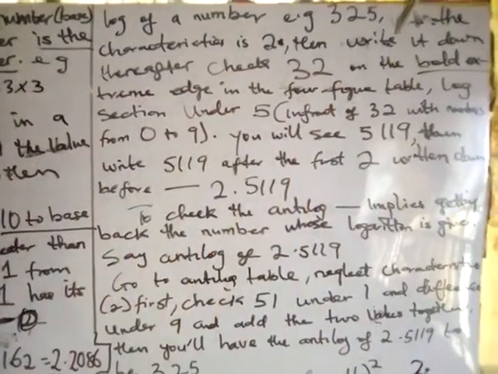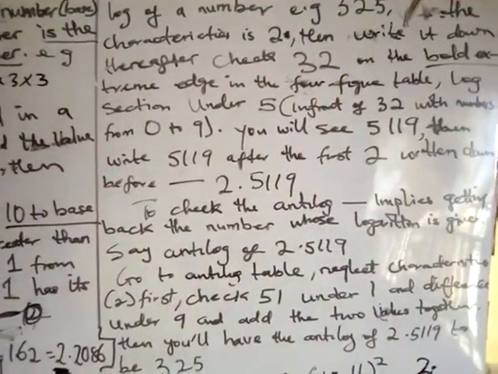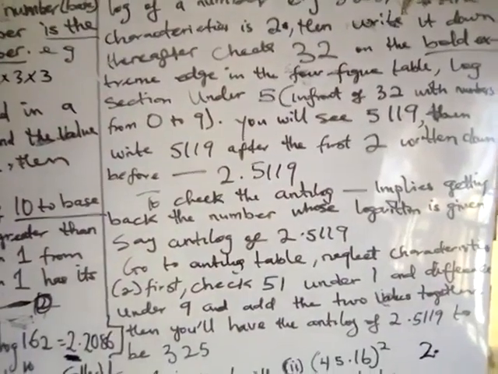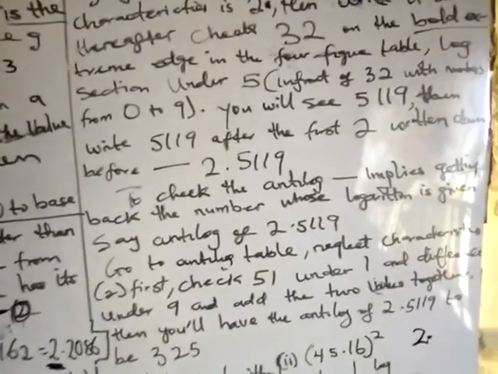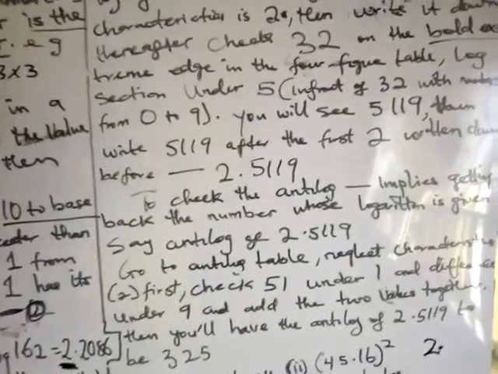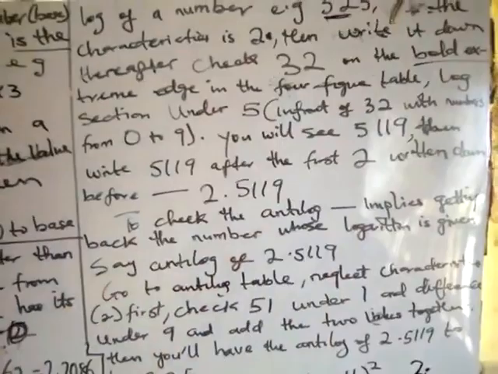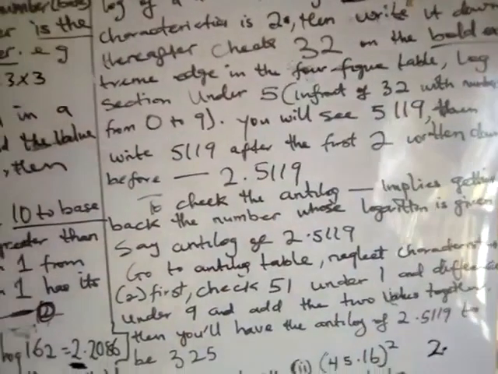You open your 4-figure table, under log, and you check 32. There is the vertical part on the left side that has a list of numbers. So you go to 32, you check for the first 2 digits, which is 32, and you trace it forward.